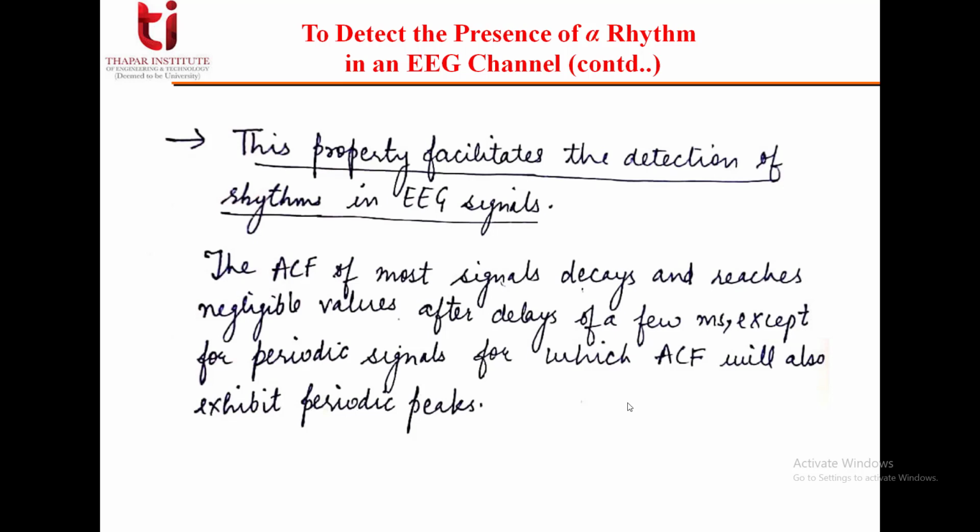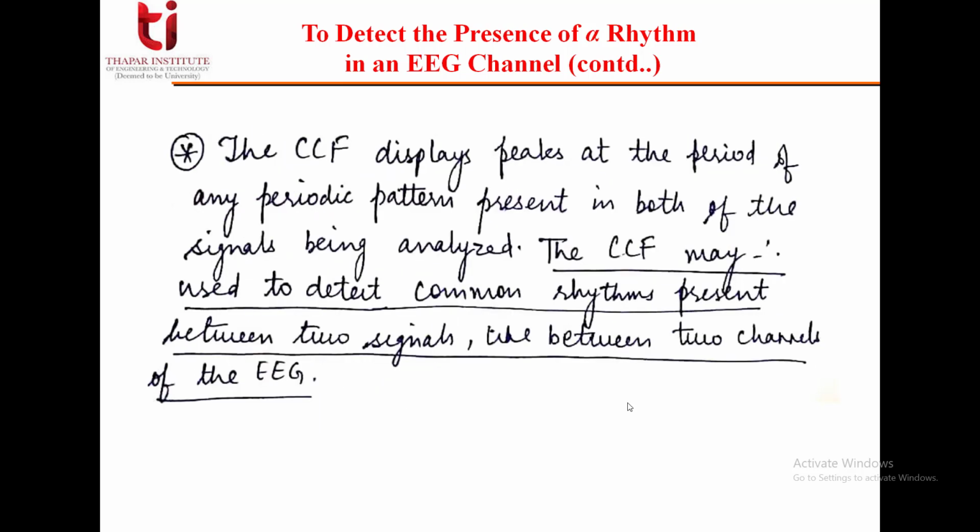The autocorrelation function of most signals decays and reaches a negligible value after a delay of a few seconds, except for periodic signals, for which the autocorrelation function will exhibit the same periodic peaks. The cross correlation function displays peaks at the period of any periodic pattern present in both of the signals being analyzed.